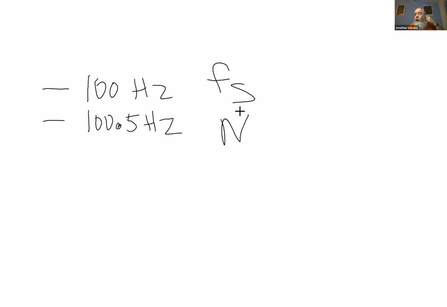There's more than one answer, but what are the fundamental equations that I have to set up associated with these two numbers, the sampling rate and the number of samples?